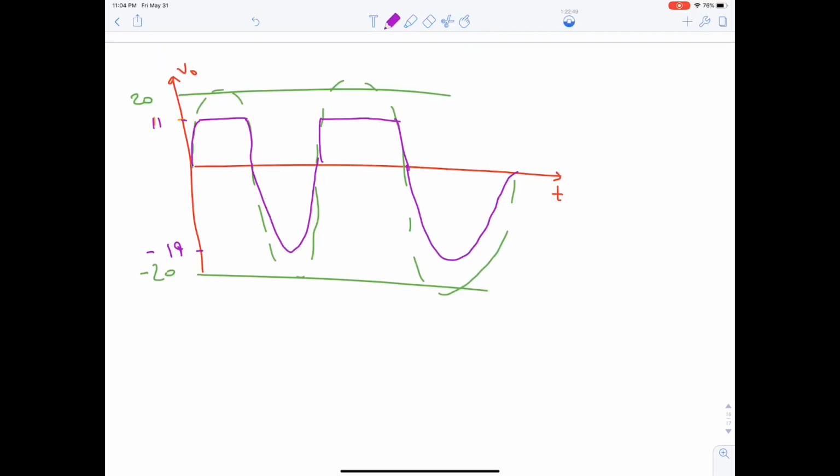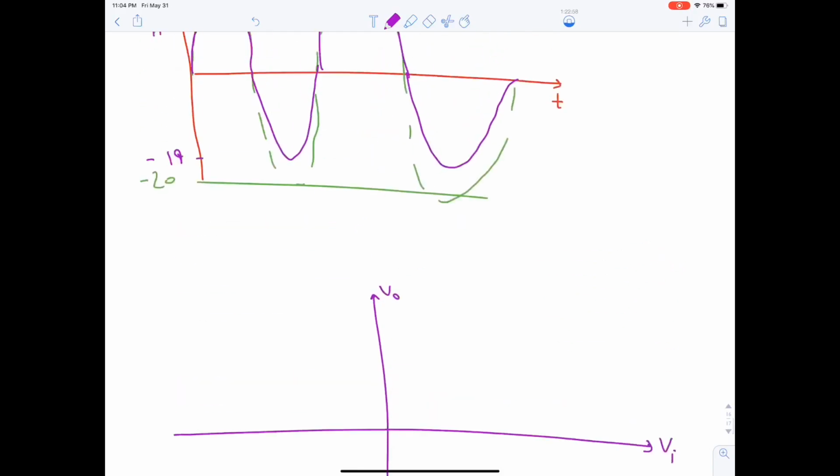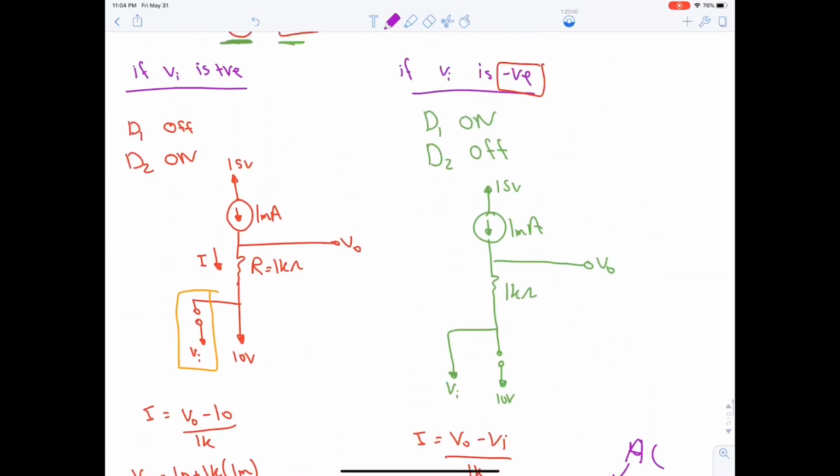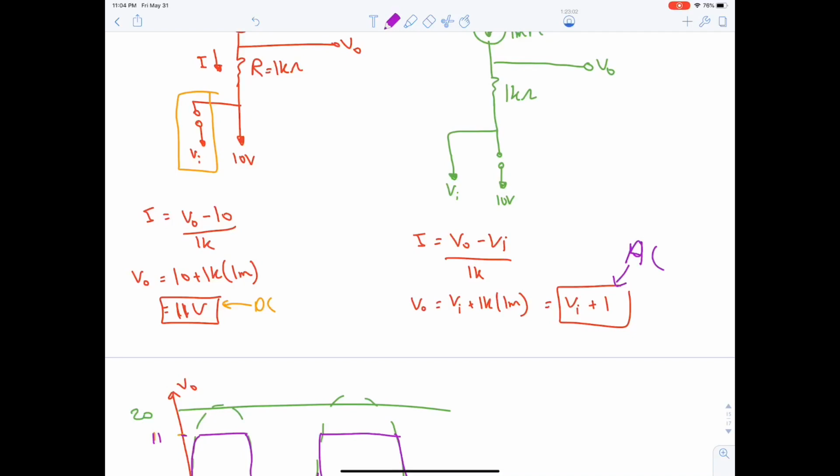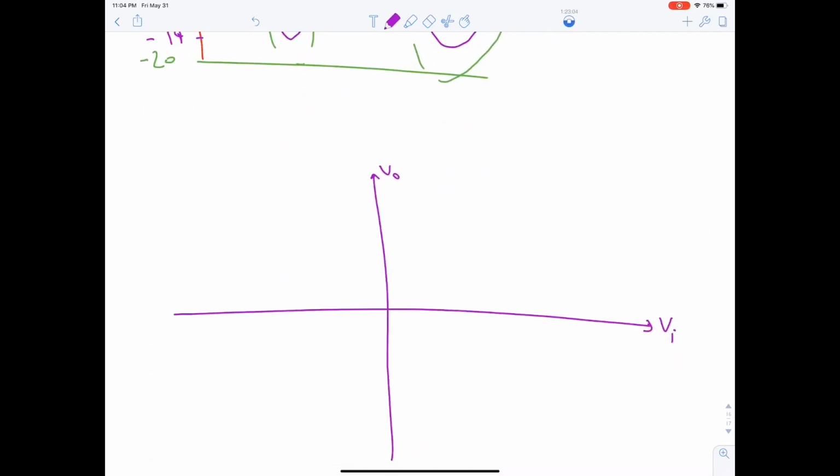Let's draw now the VTC. VTC is a bit tricky in this example. I will show you why. You need to be careful. If VI is positive, the output is 11. What we usually do is we put 11 on both X and Y axis. Now in this example, it's different.